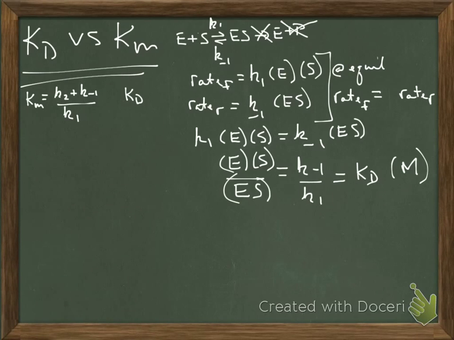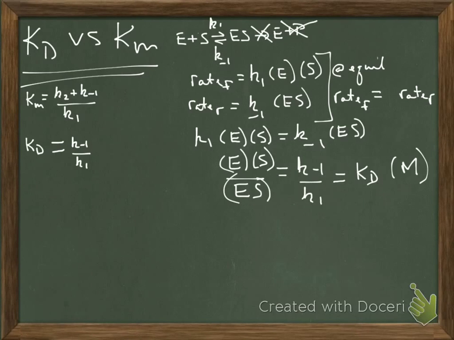So let's talk about KDs. We have measured KDs, and so we said that KD is equal to K minus 1 over K1. Let's move this down here, and we'll say that this is equal to K minus 1 over K1.